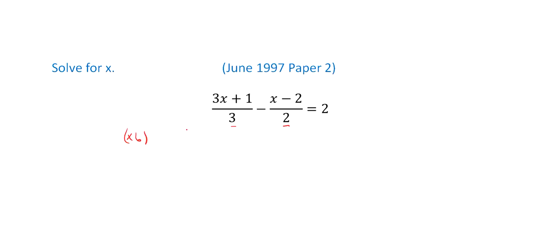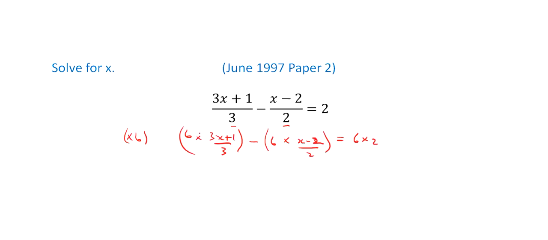Alright, so 6 multiplied by 3x plus 1 over 3, minus 6 multiplied by x minus 2 all over 2, which is equal to 6 times 2.